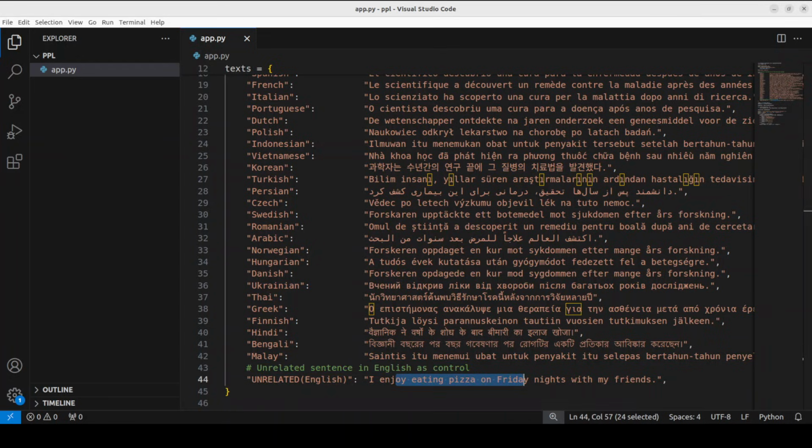Totally different one. So primarily I'm testing whether this model can understand that the exact same meaning expressed in 30 completely different languages maps to nearly the same point in vector space or not.